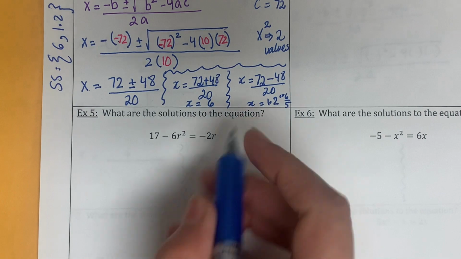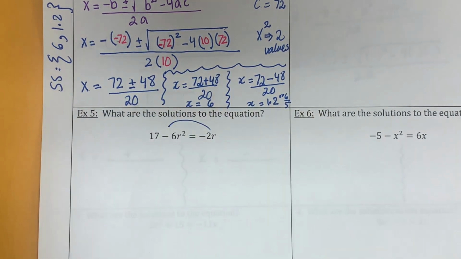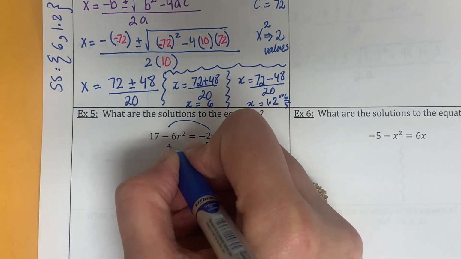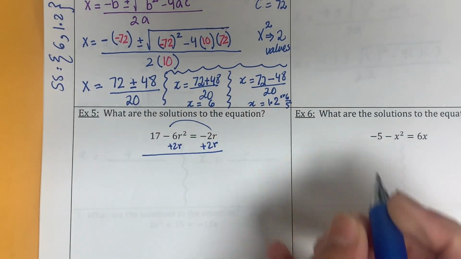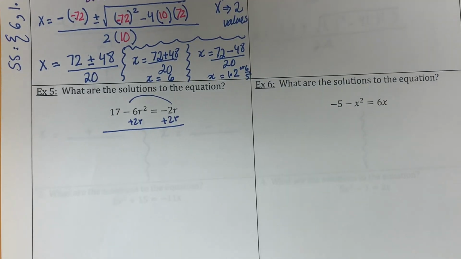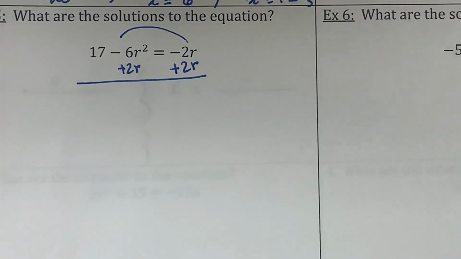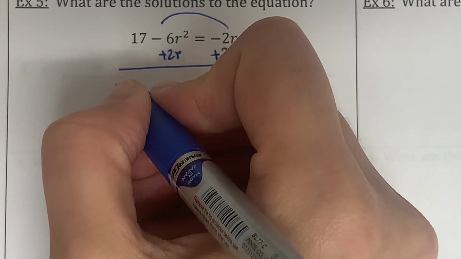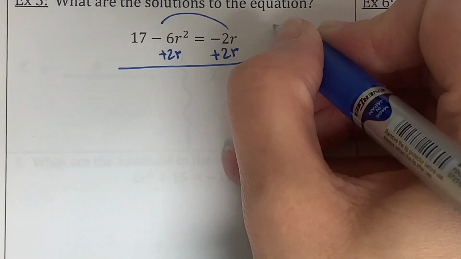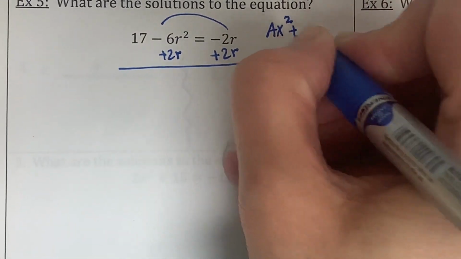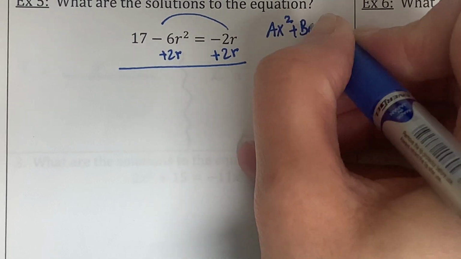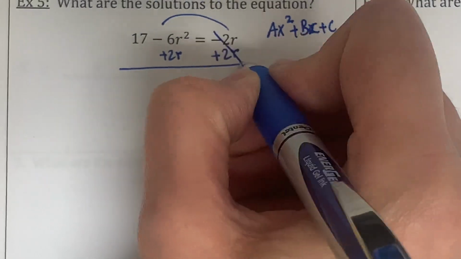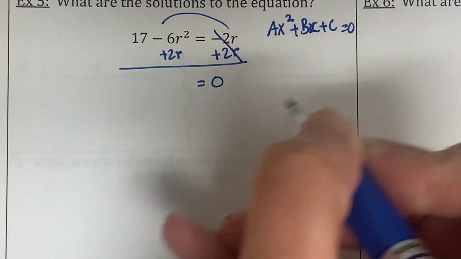First thing, it is not equal to 0, so this needs to go over here by doing the opposite operation, which is plus 2r, plus 2r. I'm going to try to write small because there's no room for me. And I'm going to write directly as ax squared plus bx plus c equals 0.